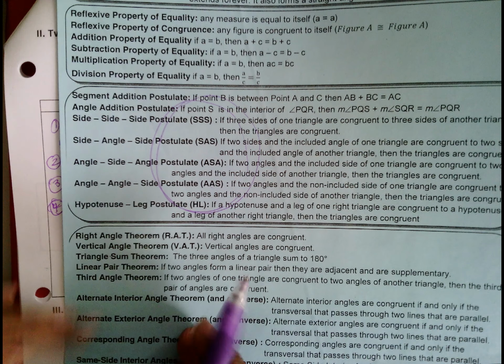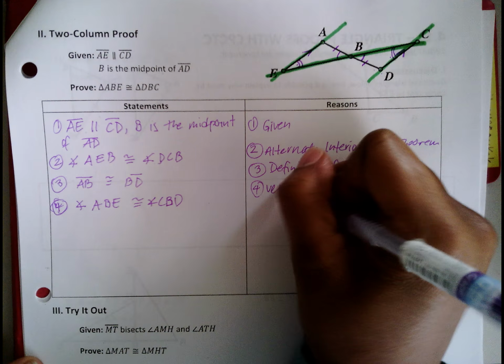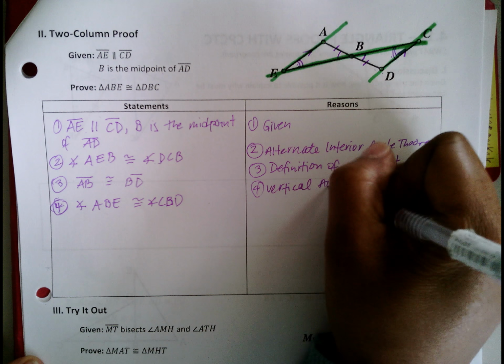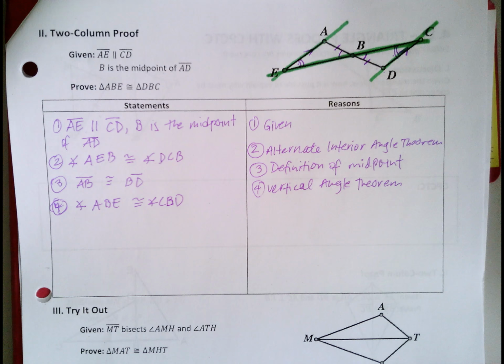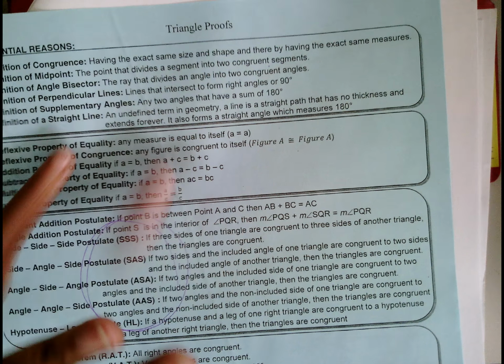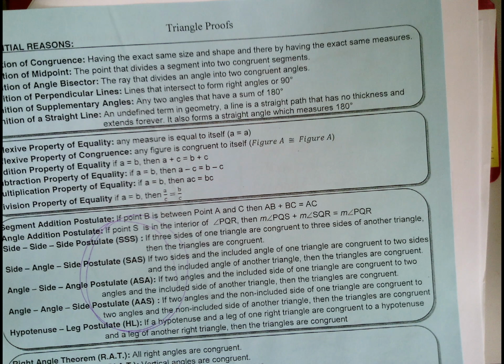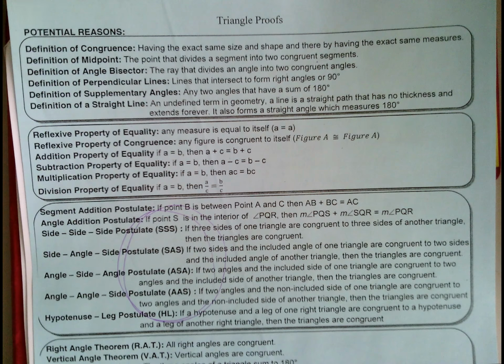Vertical angle theorem, or VAT, I guess you can write it as. Try to use the language or the resources on this sheet. They're very, very helpful, and they give it to you in the language that is going to be expected when you take the Regents.